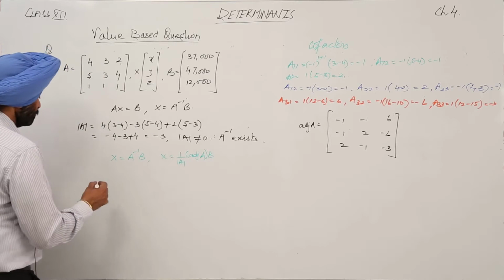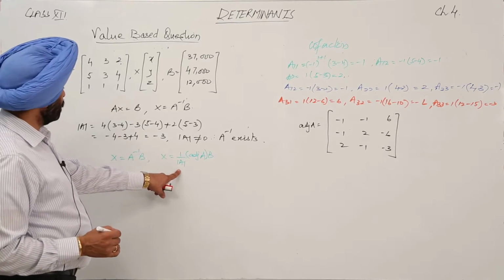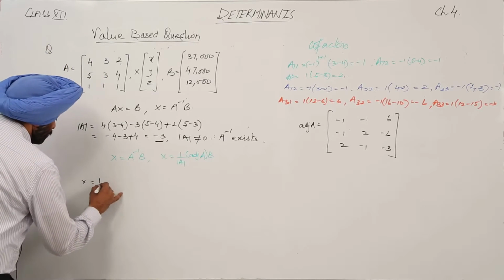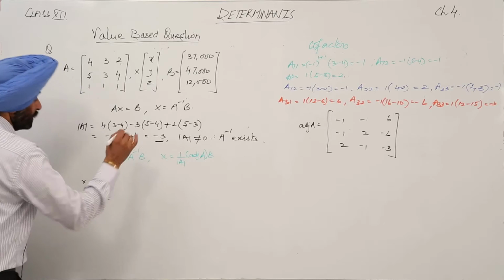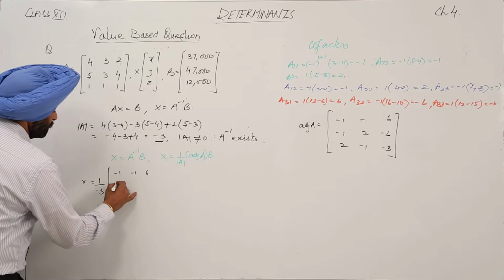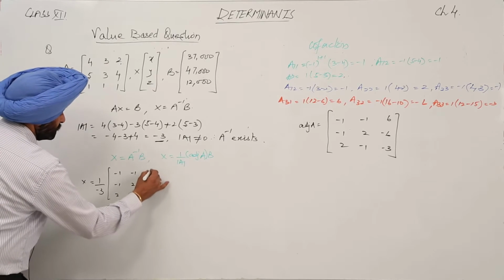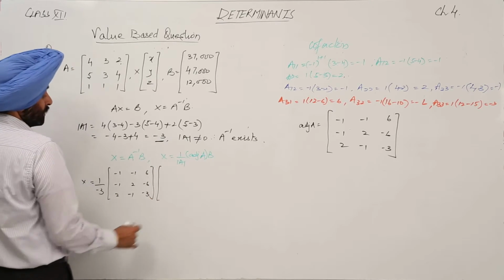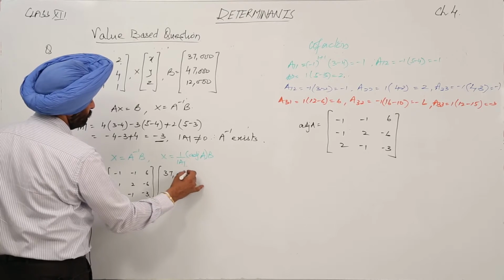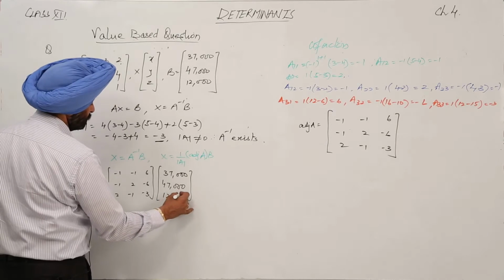Now we are having X is equal to, now determinant of A. Determinant of A is what? -3. Okay. So 1 upon -3 with, now adjoint cofactors, -1 -1 6, -1 2 -6 and 2 -1 -3, with B. B is 37,000, 47,000 and 12,000.